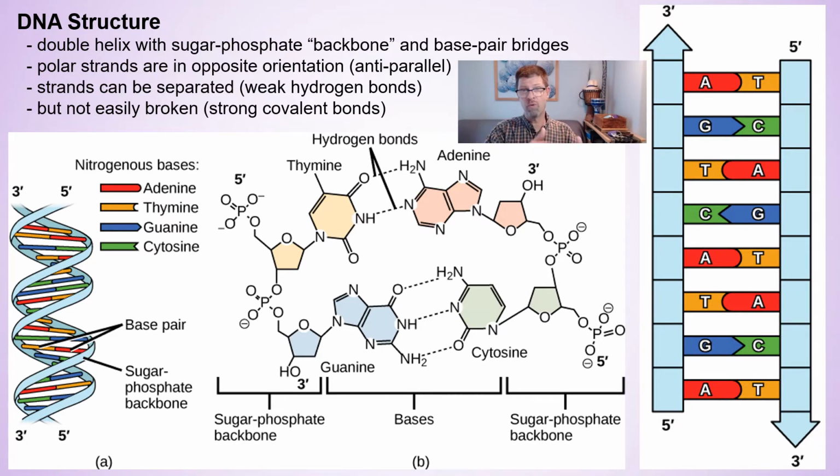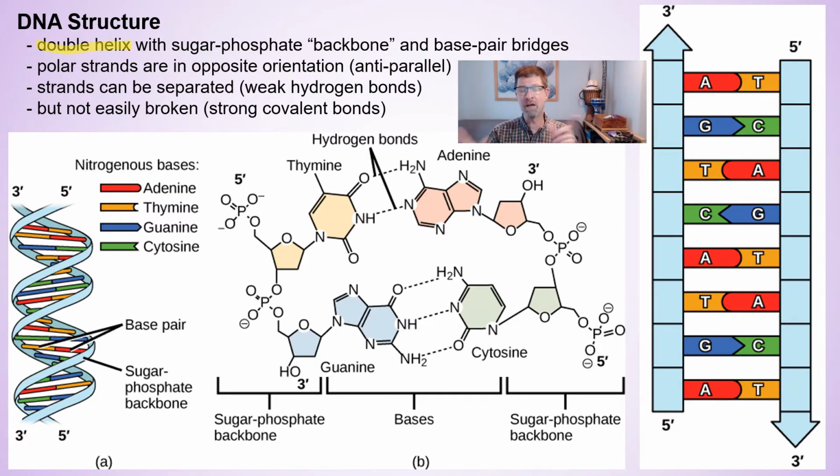After we got to Rosalind Franklin and Watson and Crick, we had a structural model of DNA that described it as a double helix. That means there are 2 separate strands of these nucleotides that are twisted around each other.